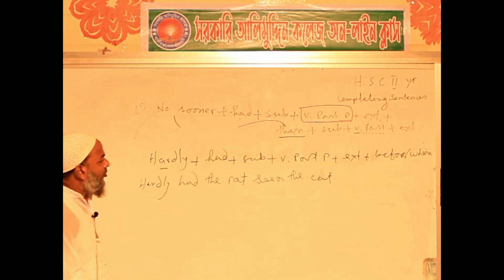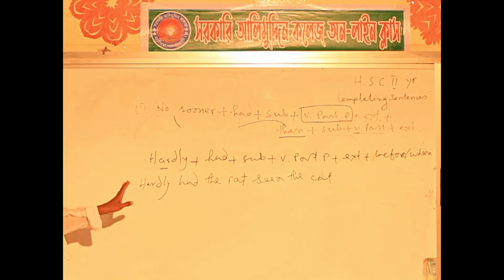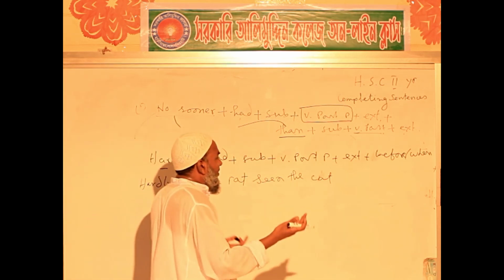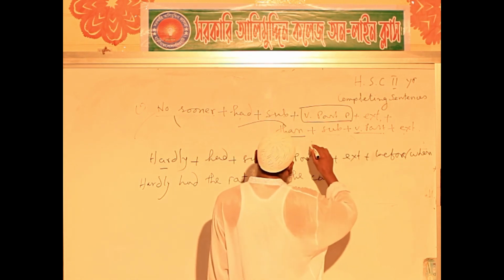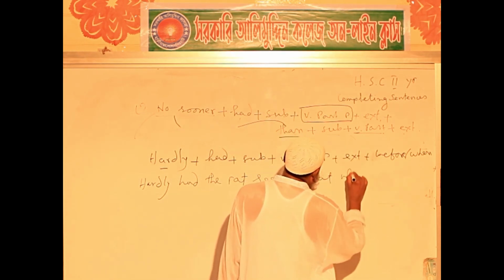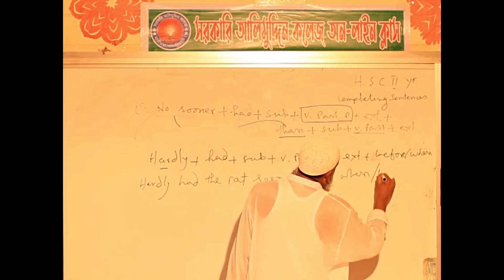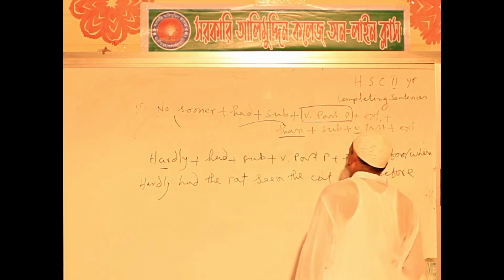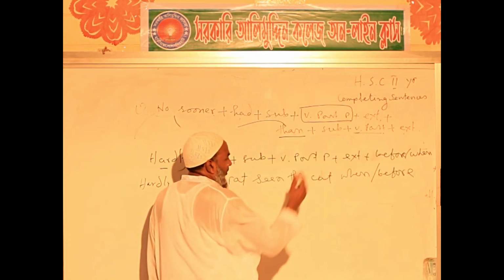Suppose in the examination a student has got a question starting with hardly had. Then how will he finish the sentence? Students must understand that here he or she has to write when or before, just in place of then, and then he can proceed on like before.